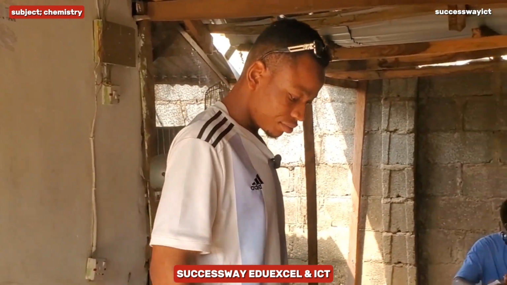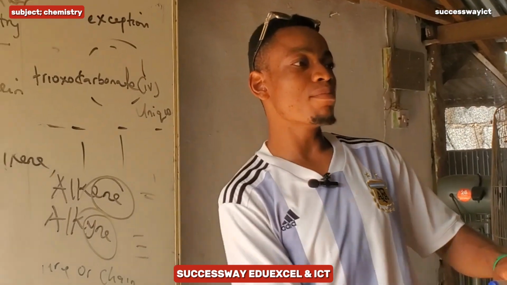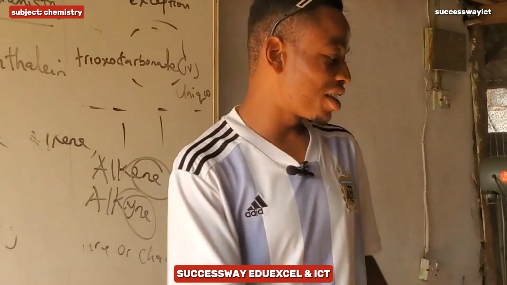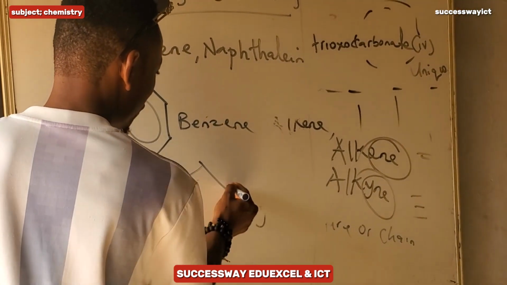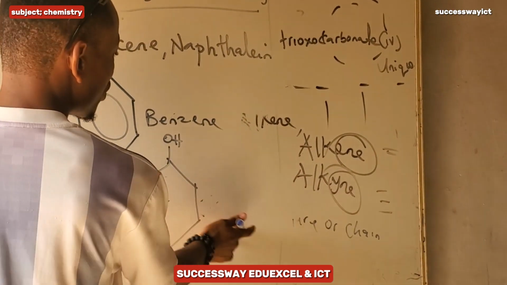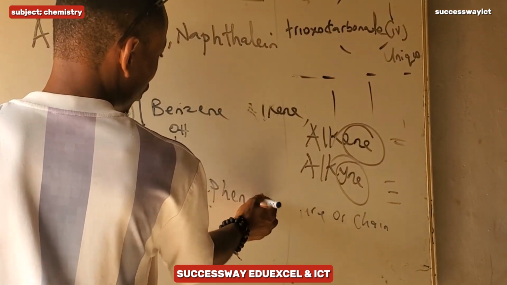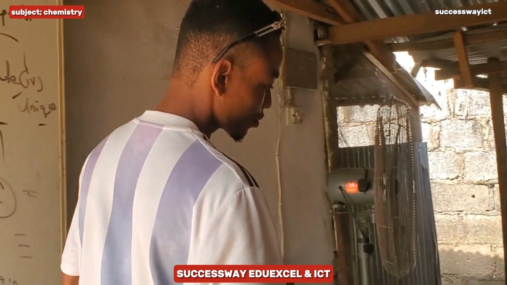Write it down. We also have other members, what they call phenol. We have phenol: 1, 2, 3, 4, 5, 6. This is OH. This is called phenol, the other member of benzene.